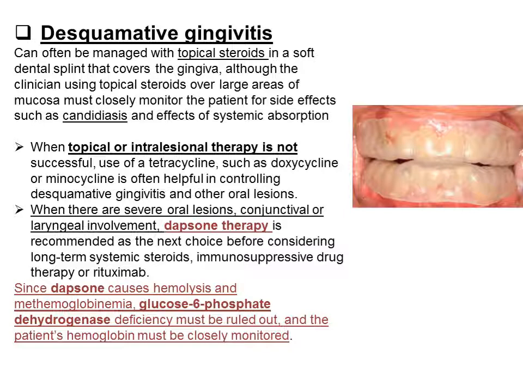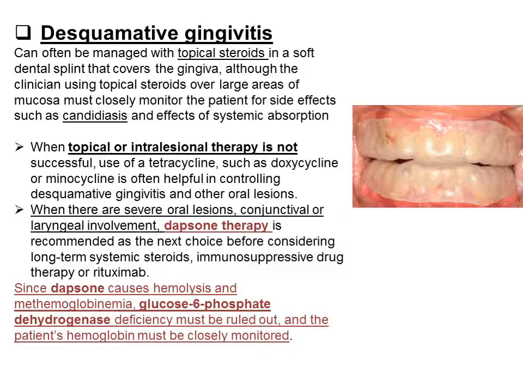When there are severe oral lesions, dapsone therapy or other immunosuppressive medication, such as rituximab, may be used as a next step before considering long-term systemic steroids.